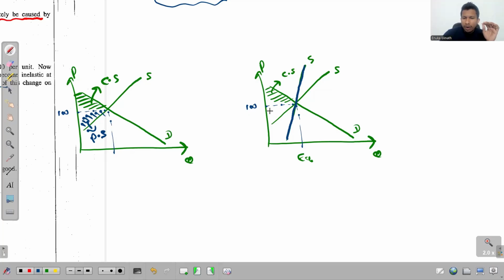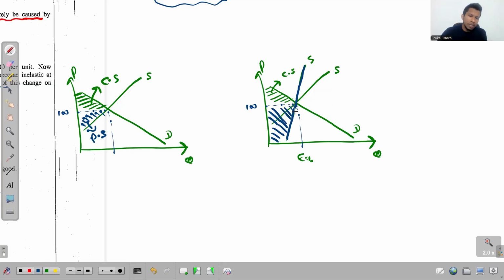But remember, what's the producer surplus? That is the region below the price received by the producer, above the supply curve, up to the quantity that is traded in the market. So this is the new supply curve. So the producer surplus has to be above that supply curve, and below the price received by this producer, which is 100, up to the quantity traded in the market.